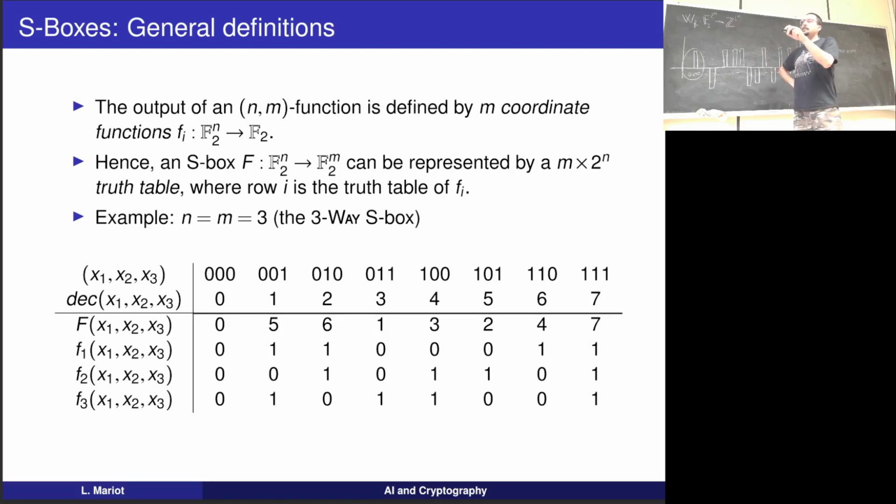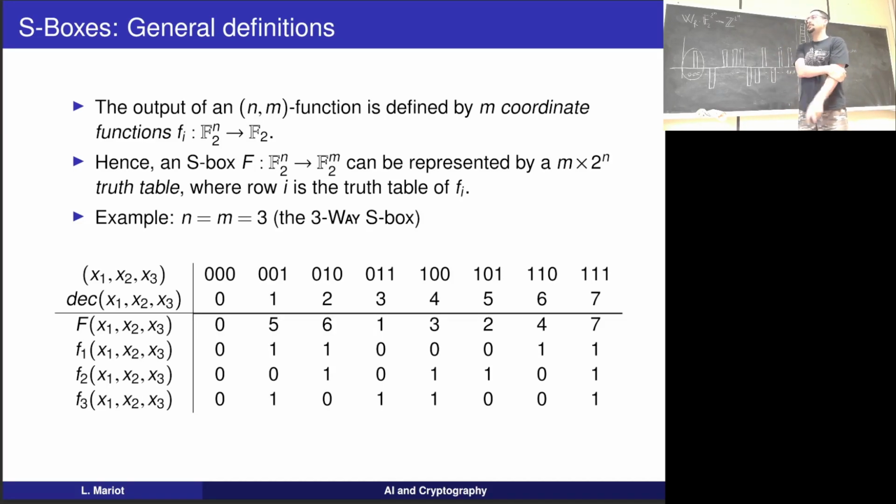The idea is that you have your input vectors fixed in lexicographic order, and for each output coordinate you have a Boolean function. For the first coordinate, the leftmost one in our output, we have a coordinate function f1, which acts on the whole input x1, x2, x3. For the central coordinate, we have a second coordinate function f2, which again acts on the whole input, and the same for the third coordinate.